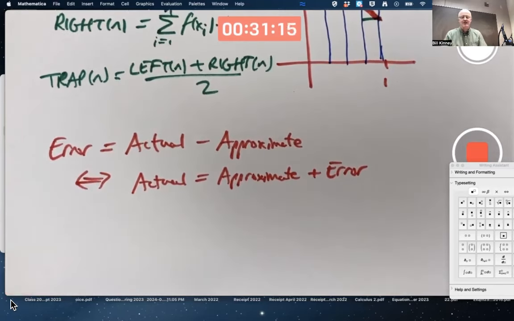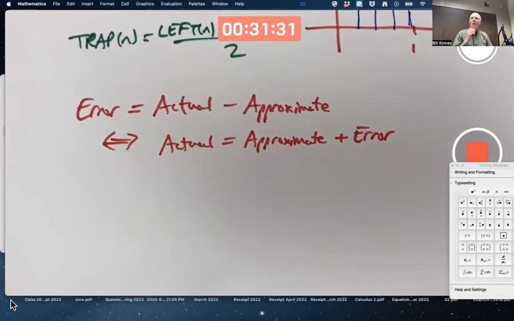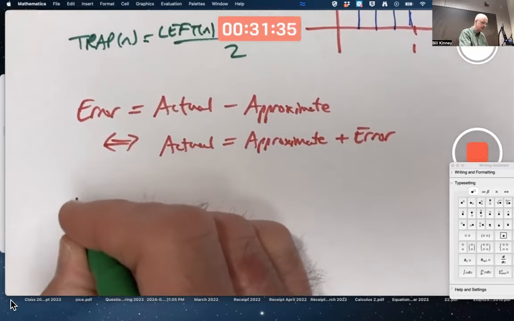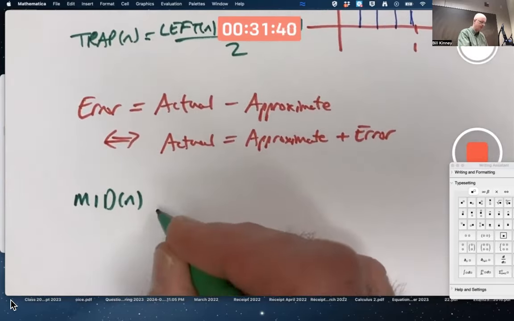This idea of error is going to be very important for us today, both for understanding what goes on with these methods and also in deriving some new methods. One of which I'll write the formula for right now. One new method is called the midpoint rule, mid of n.